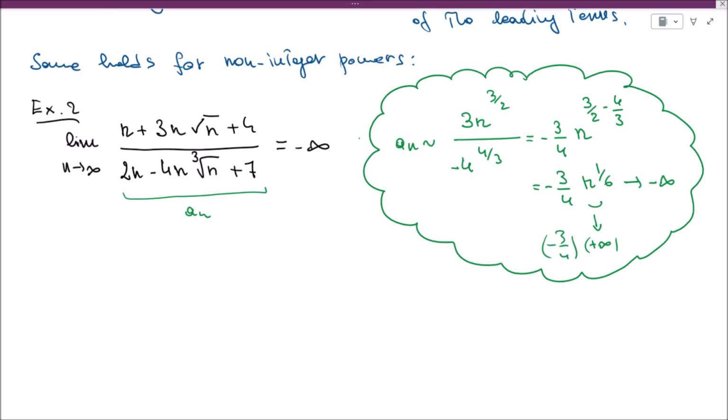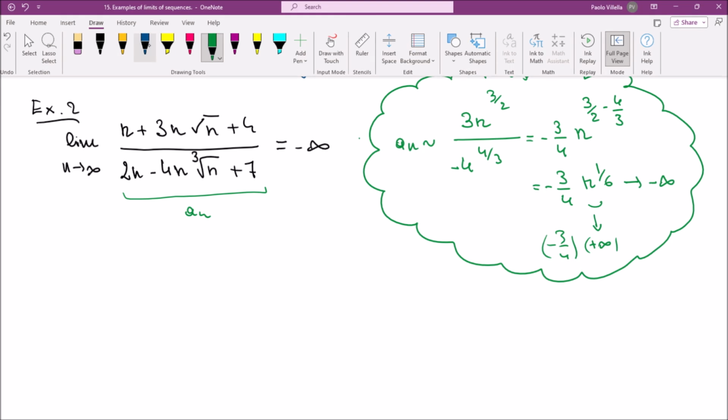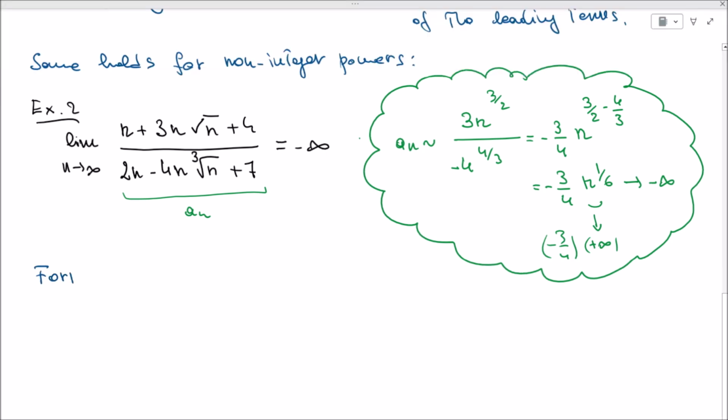If we want to provide instead a formal proof, then as always we will need to factor out the leading powers. So what we have now is this.